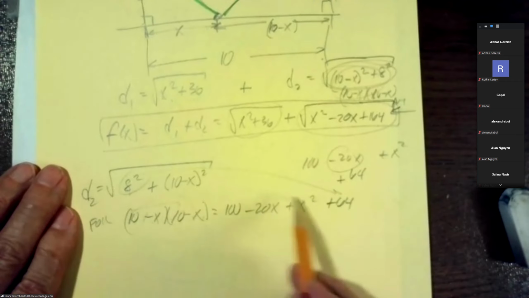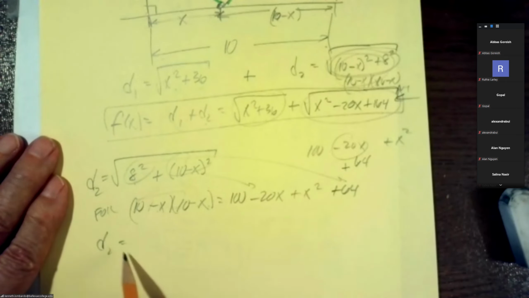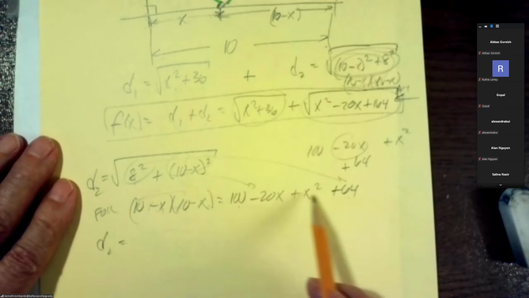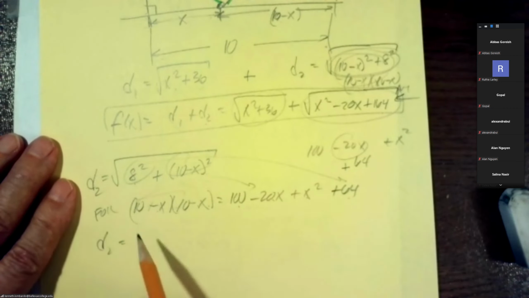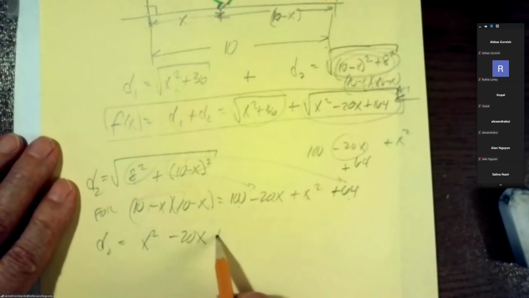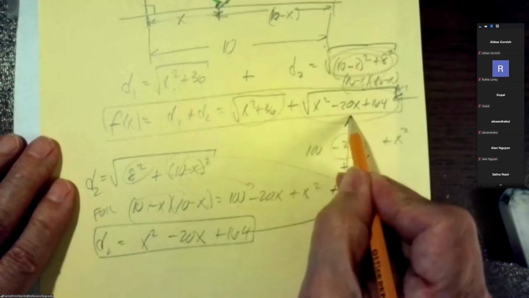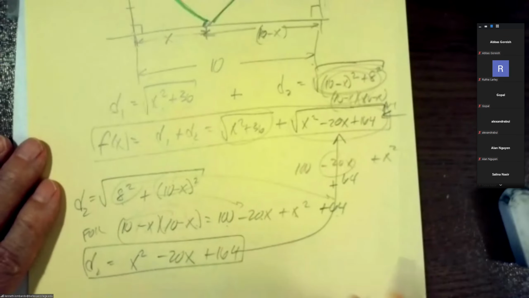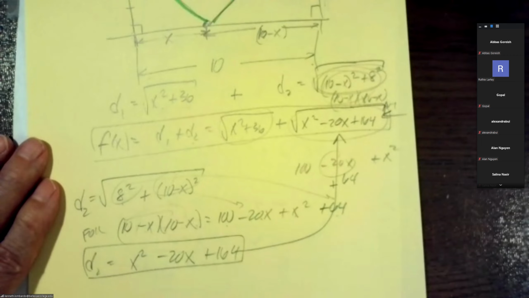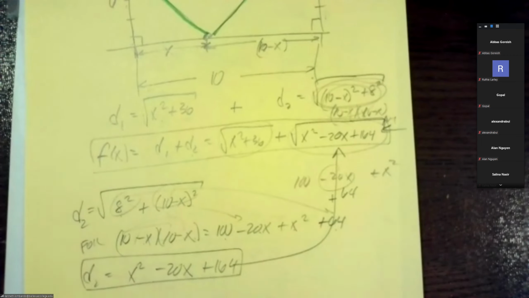So D2 is 100 plus 64 plus this plus this. So putting them in order, x squared minus 20x plus 164. That's D2, which is this value here. Thank you. Sure.